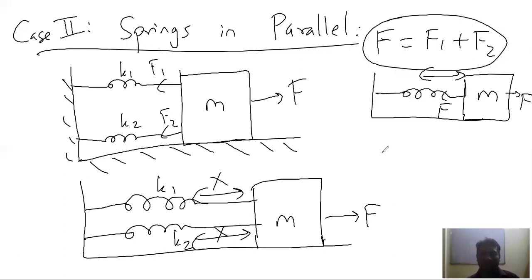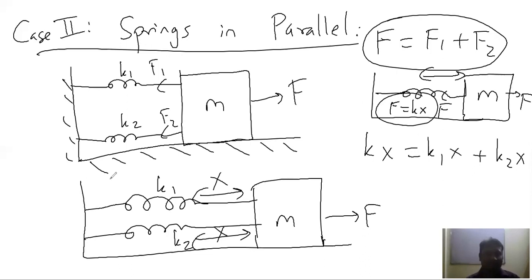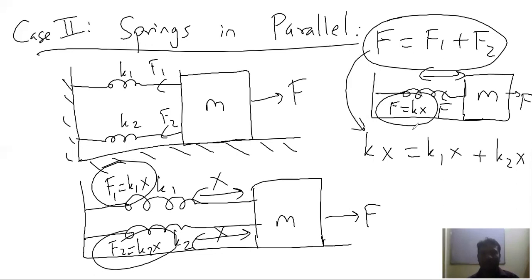So we can say K into X is K1 into X plus K2 into X. Why? Because for the equivalent spring, we will have the equation F is Kx. For this spring, we will have F1 is equal to K1x. For this spring, we will have F2 is equal to K2x. So instead of F, I have Kx.